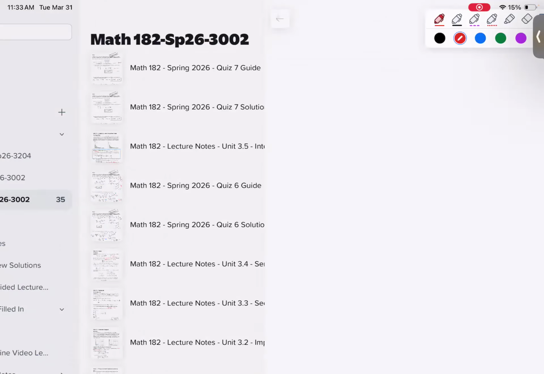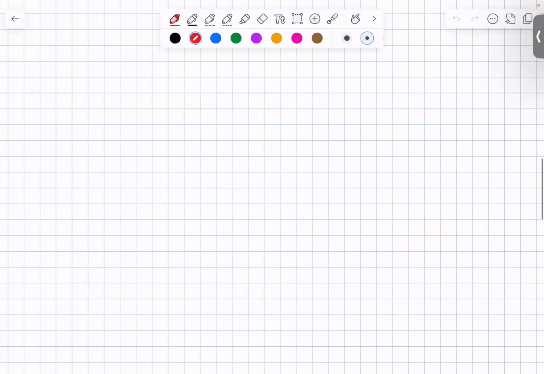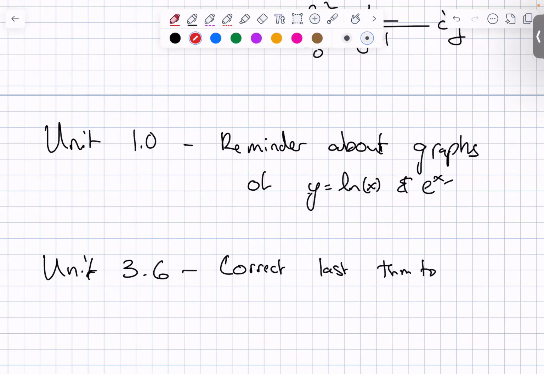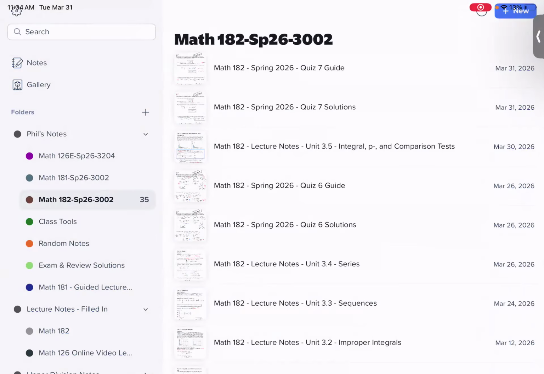I'm going to make a note real quick to myself: Unit 3.6, correct last theorem to limit comp test. Just so that I make these edits as we go along. Thank you for your patience.